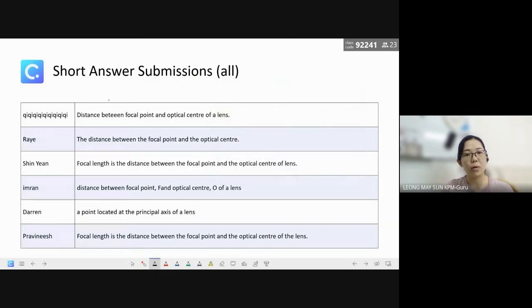All right, so focal length actually has a very specific answer. The straight horizontal line is called the principal axis.